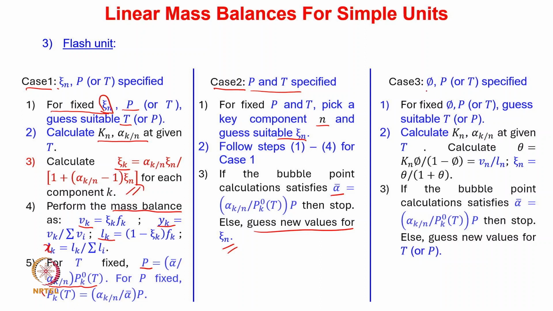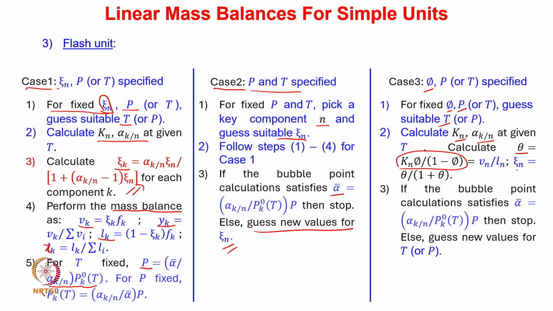In case 3, phi is specified and either P or T is specified. So for fixed phi and P, we guess the suitable value of T. Again we calculate Kn, alpha Kn at the fixed value of T. Then we calculate theta. Here theta is defined as Kn phi divided by 1 minus phi, and that is equal to Vn by Ln.